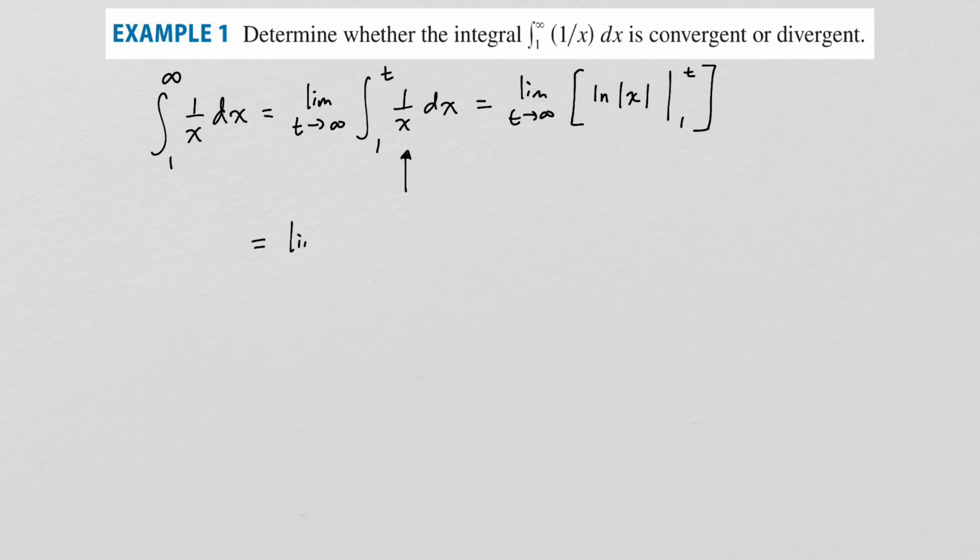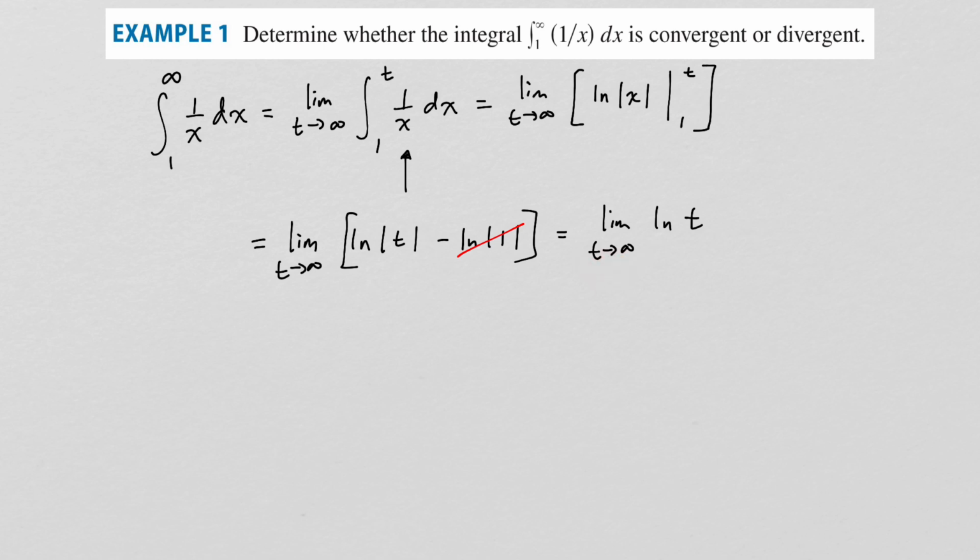And so this is going to be the limit as t goes to infinity of the natural log of the absolute value of t minus the natural log of the absolute value of 1. The absolute value of 1 is 1, and the natural log of 1 is 0. And so this becomes the limit as t goes to infinity of the natural log of the absolute value of t, which can be replaced with just t, because we know t is positive and going to infinity.